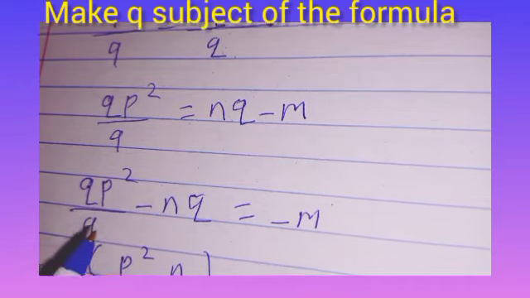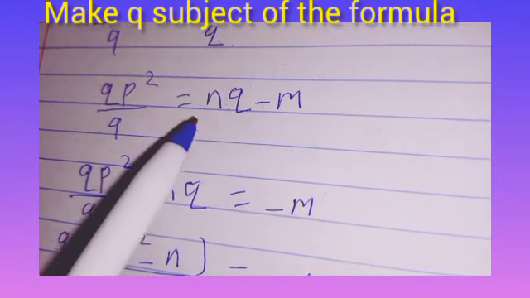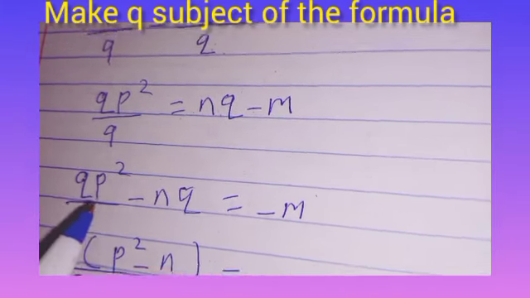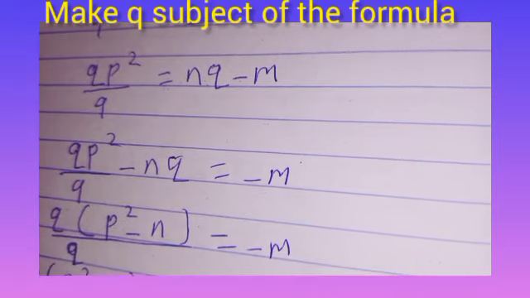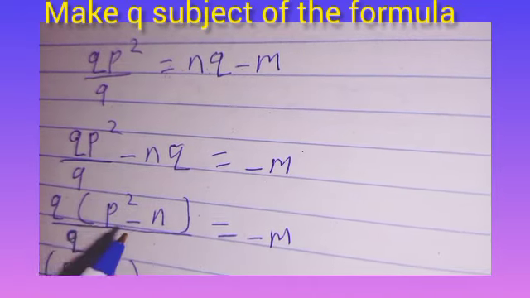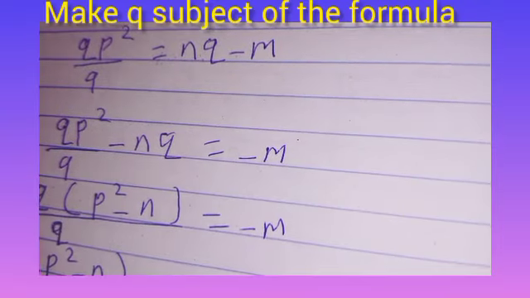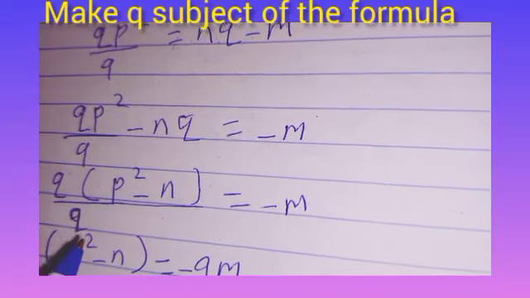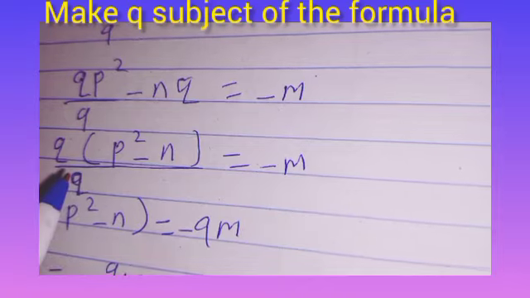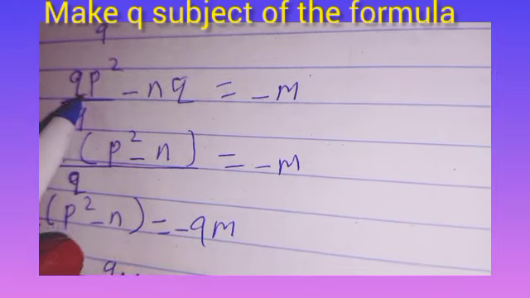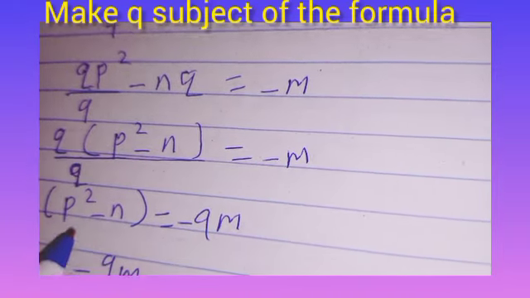From there now, you take NQ to the left hand side. And because it is positive on the right hand side, once you take it to the left hand side, it will become negative. We factor Q here to be left with this.